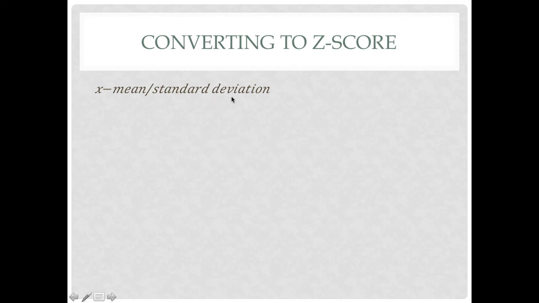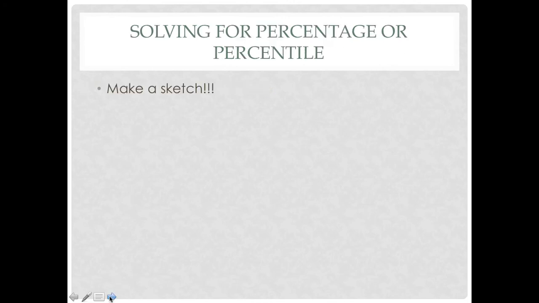Again, take your number, subtract the mean, then divide by the standard deviation, and that gives you how many standard deviations away from the mean that particular score is. And again, when you get to the example video for this week, I will do examples of converting to a z-score.